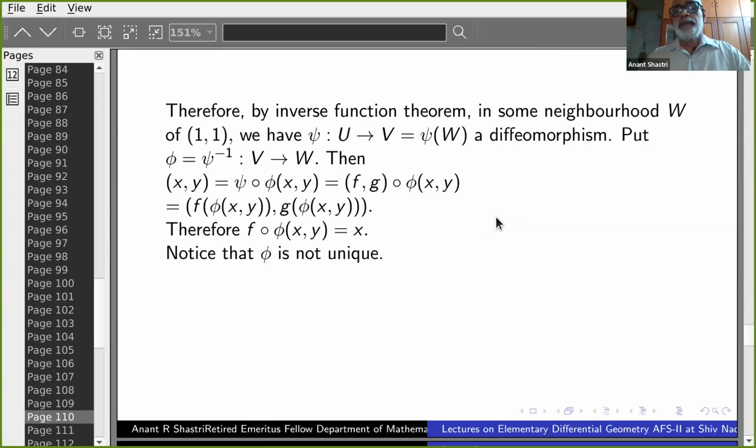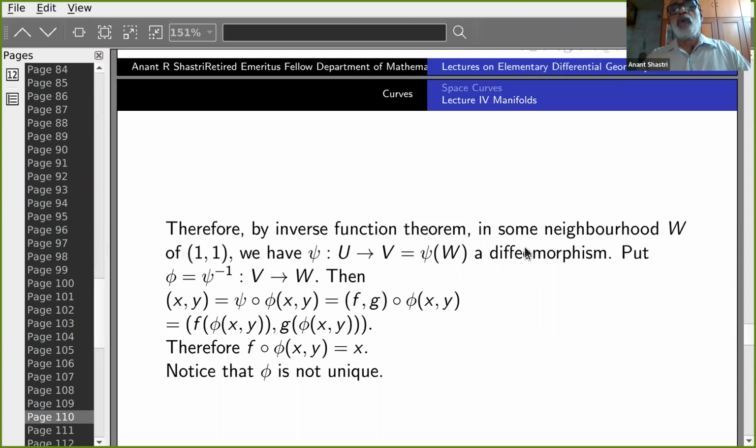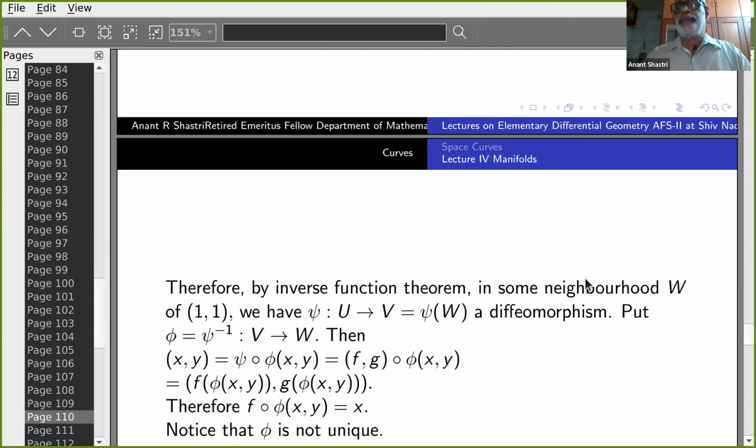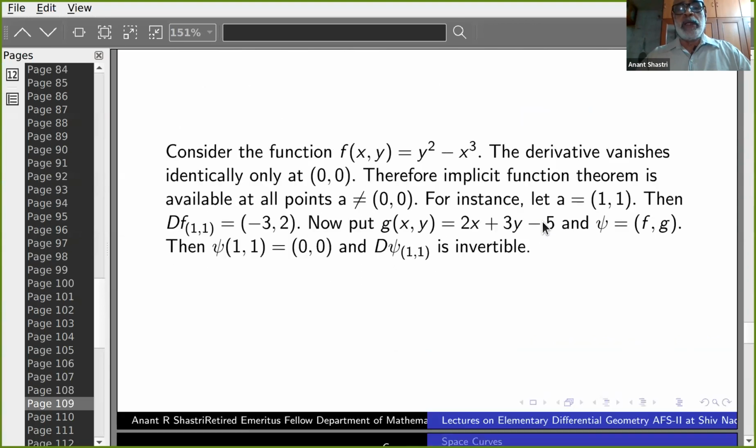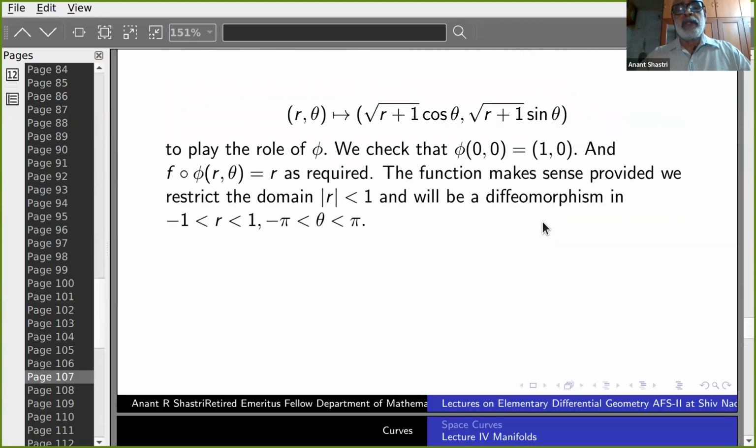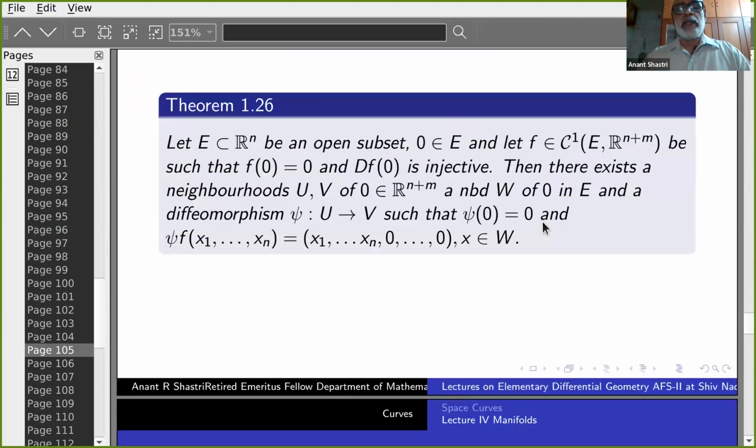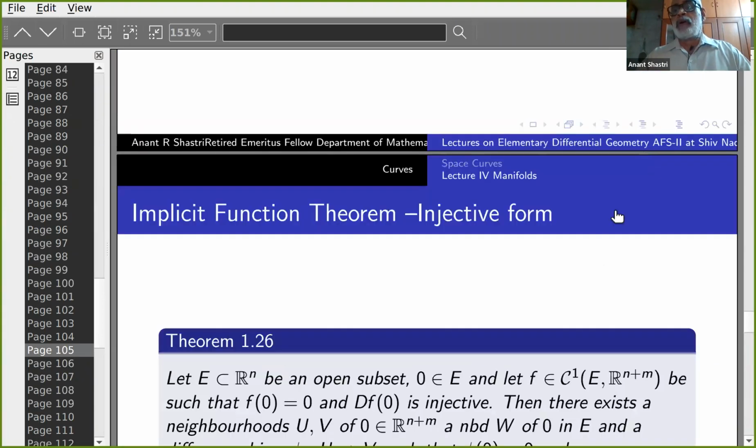All right. Do you want any more explanation here? I think I can stop here because it's already time. So next time we will apply this theorem, especially this last one, the implicit function theorem for injective form.